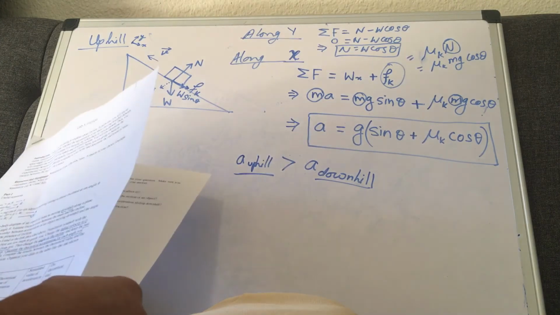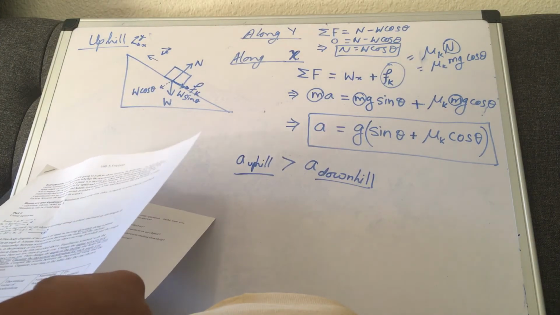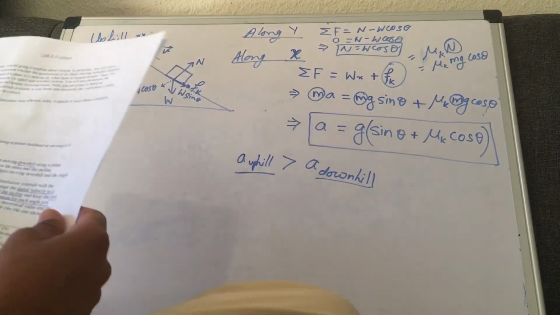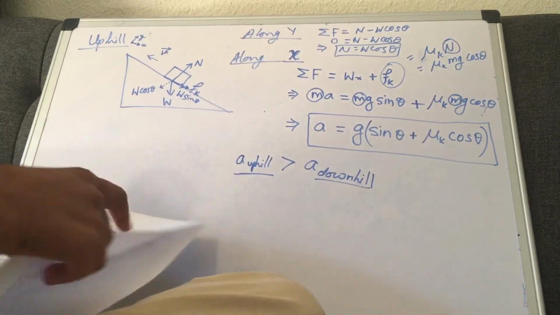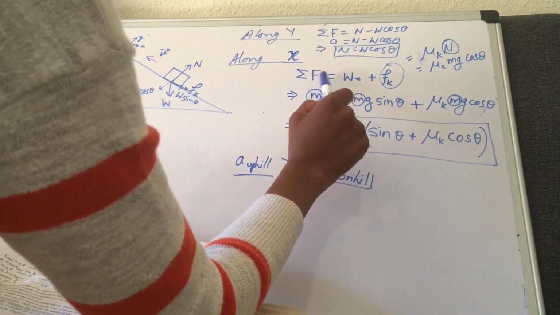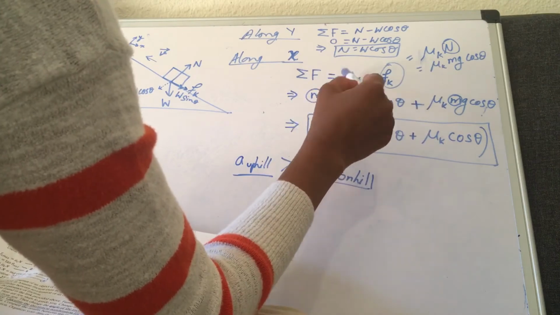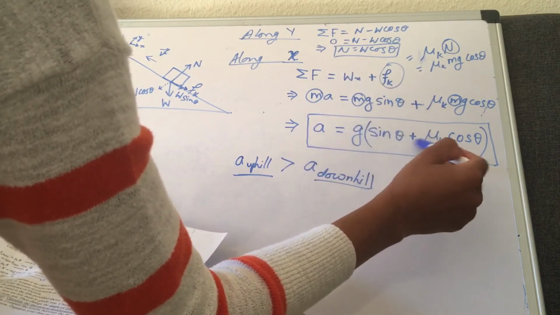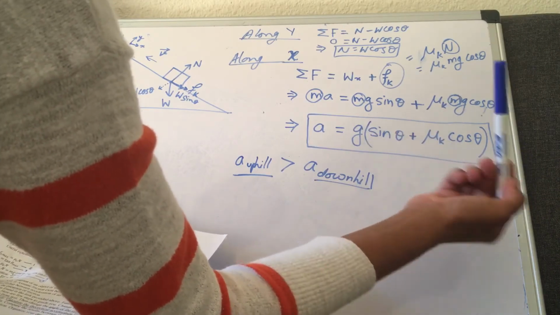Let us see. You are given this part of the equation in your handouts, but to actually do your lab, you have to do this part here. This will be needed for the theoretical calculation of the value.